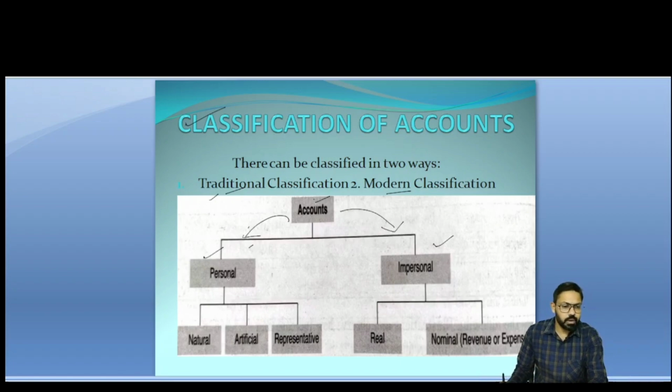Personal accounts relate to human beings, but there are some other points: a person can be natural, artificial, or representative. If we talk about human beings, it is a natural person. If we talk about the artificial, there are different kinds like banks and others, which we will discuss later. And the representative is also personal.